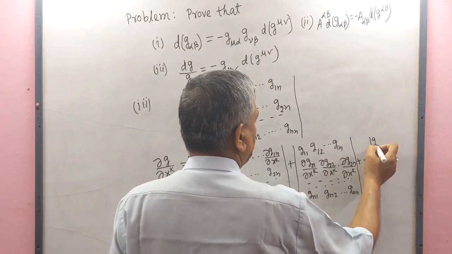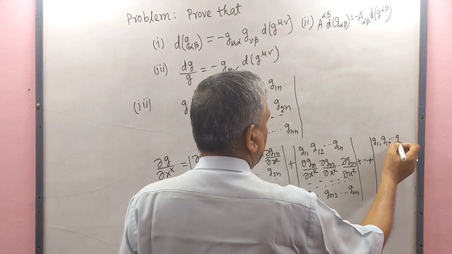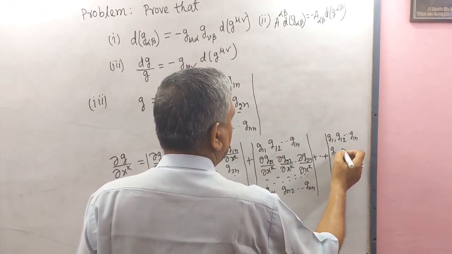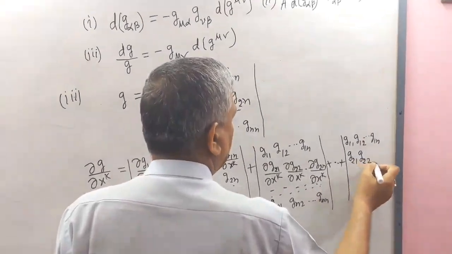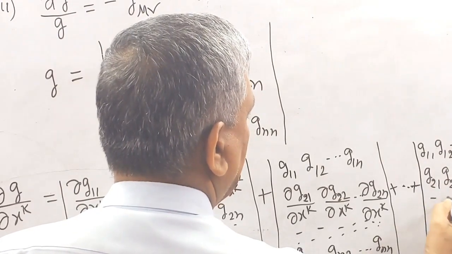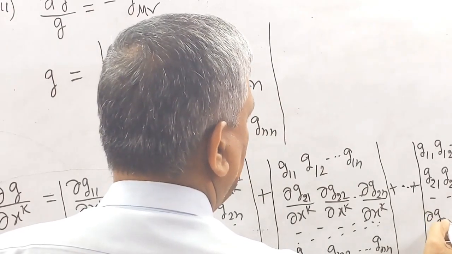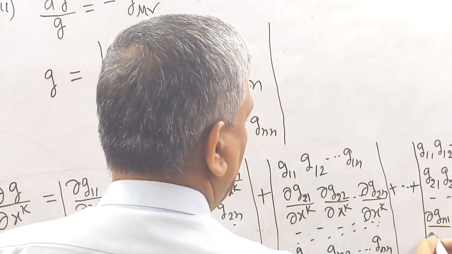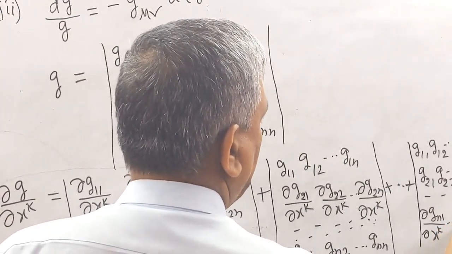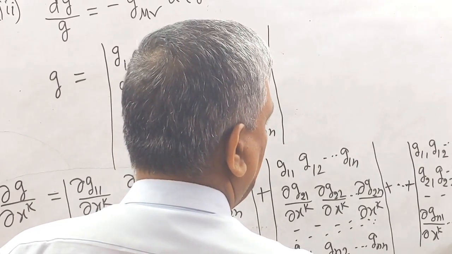So this will be G11, G12, G1n, G21, G22, dot dot dot, G2n, del Gn1 by del xk, dot dot dot, del Gnn by del xk.